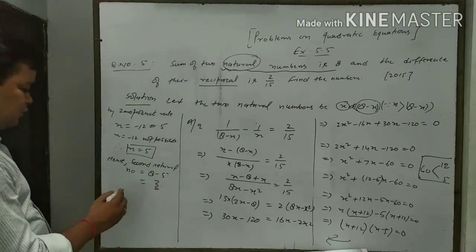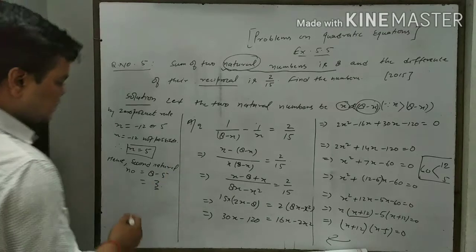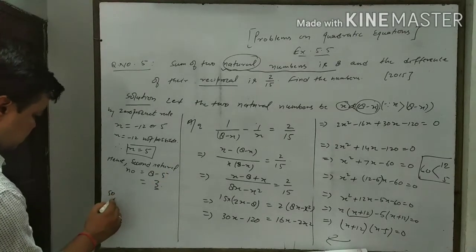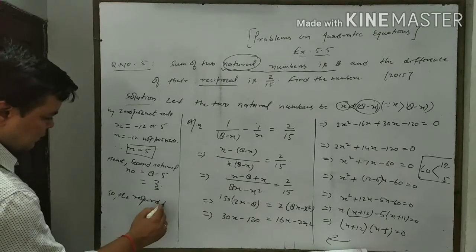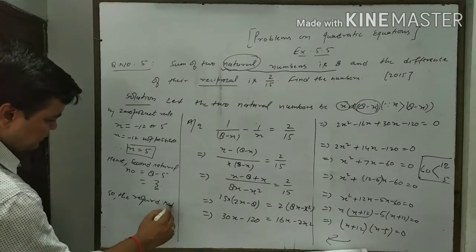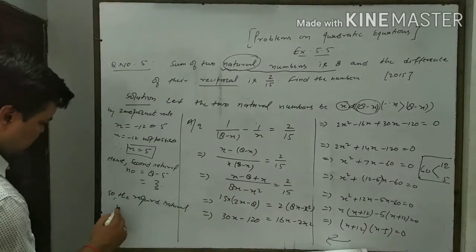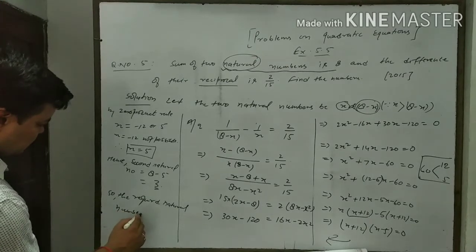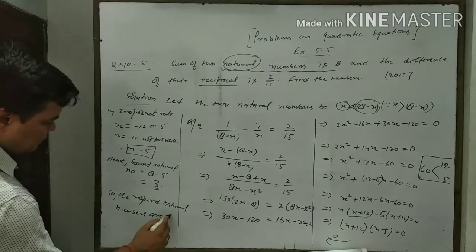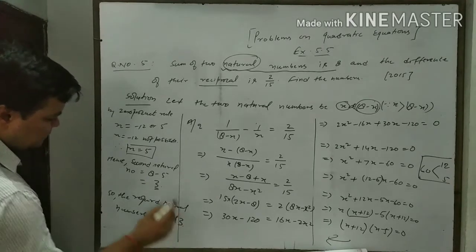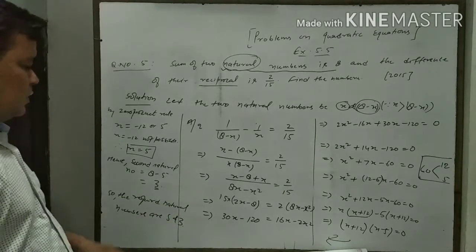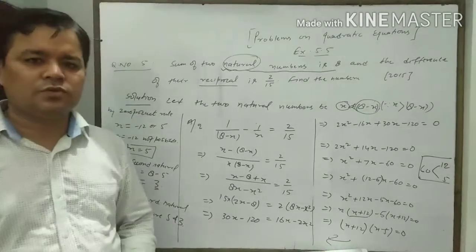Therefore, the required natural numbers are 5 and 3. Like this way we can solve this question.